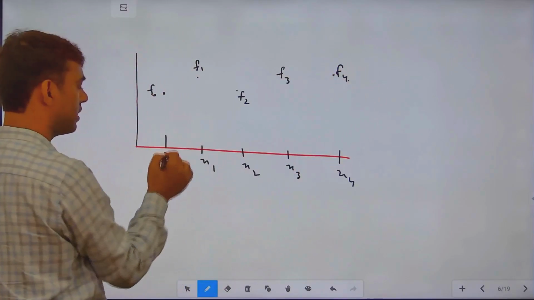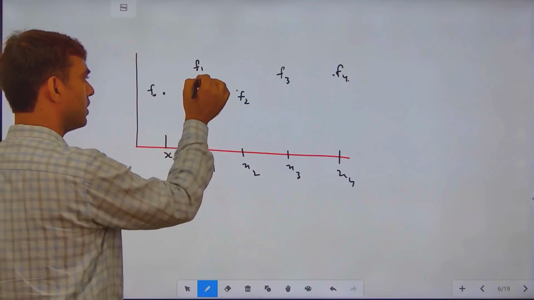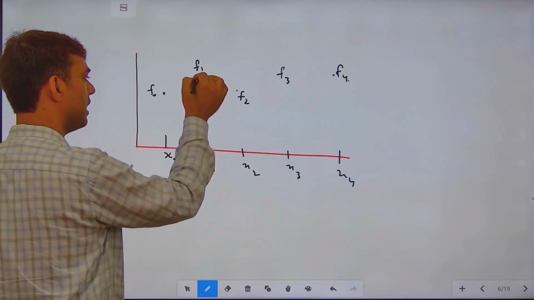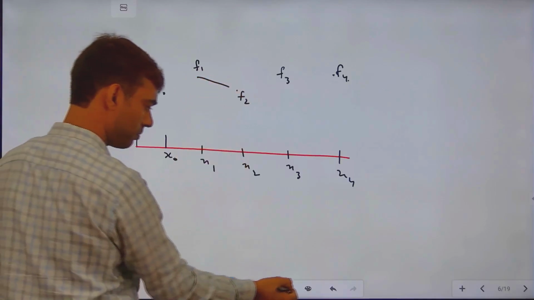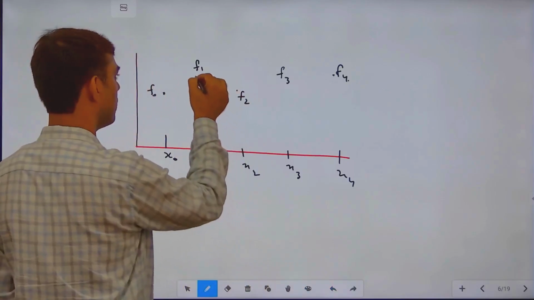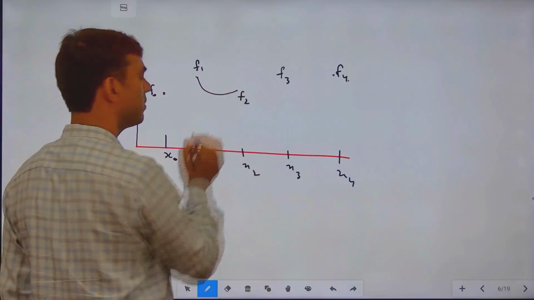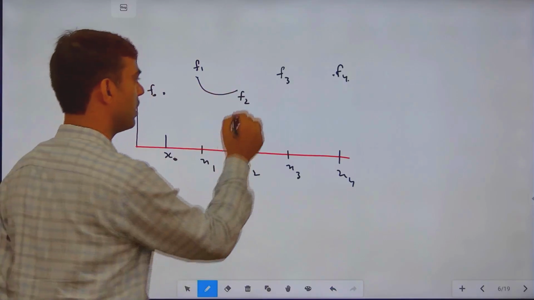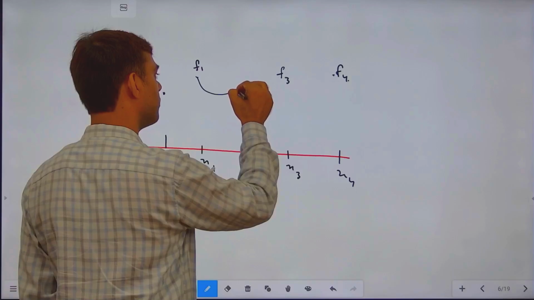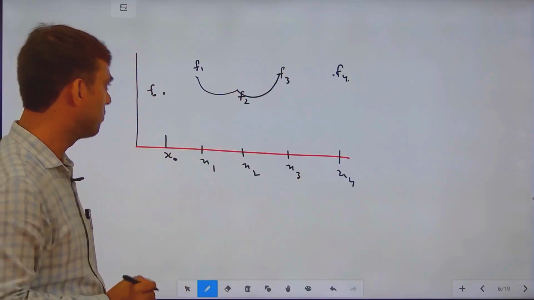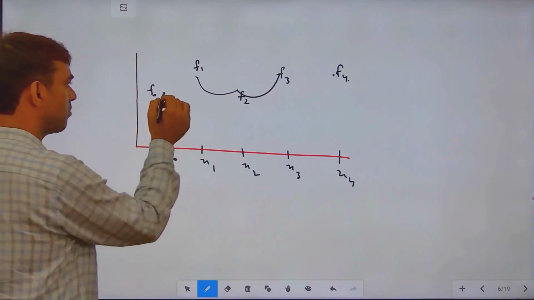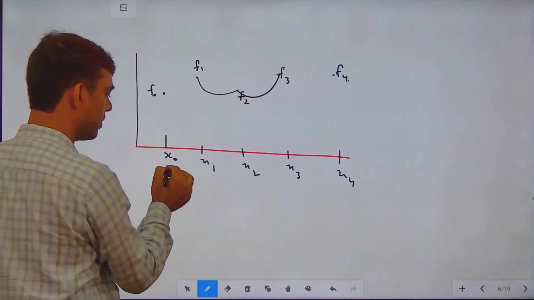We fit a quadratic polynomial at internal nodes, between f1 to f2, and f2 to f3 we also fit a quadratic polynomial, but except the first and last interval.